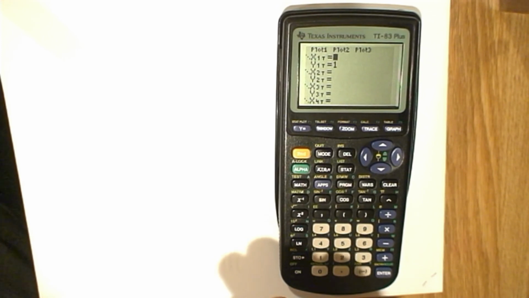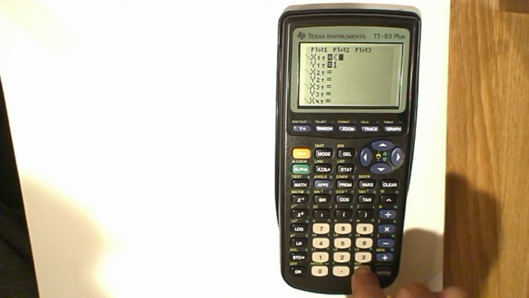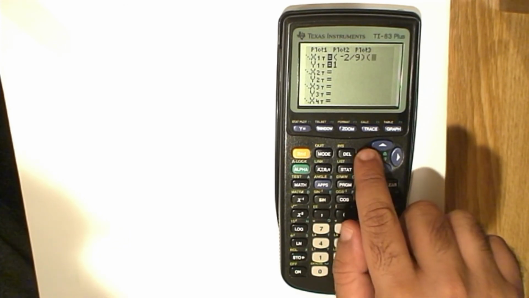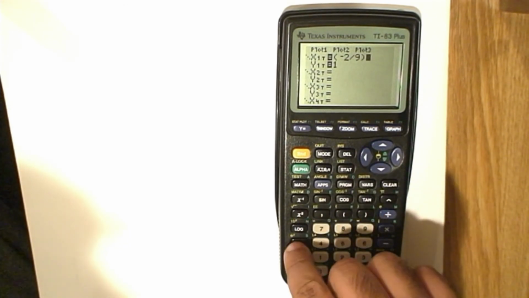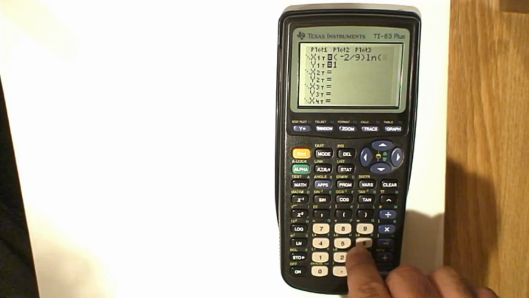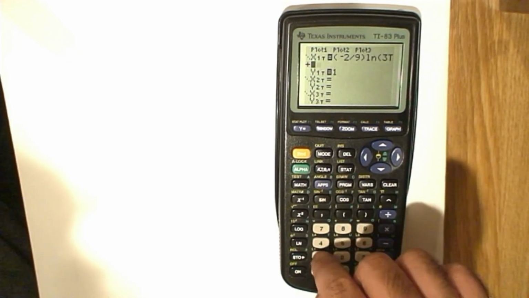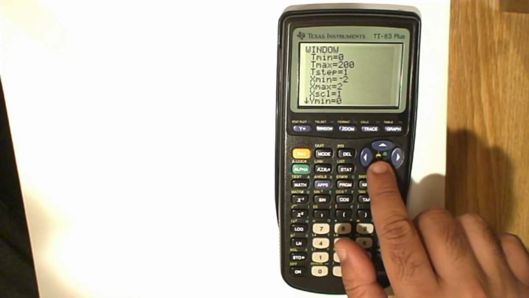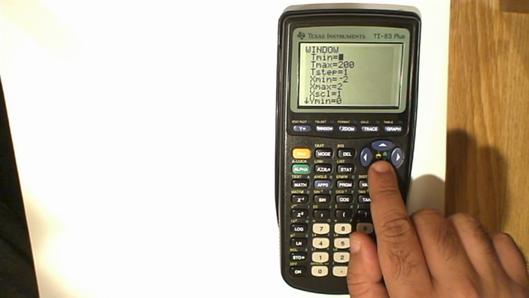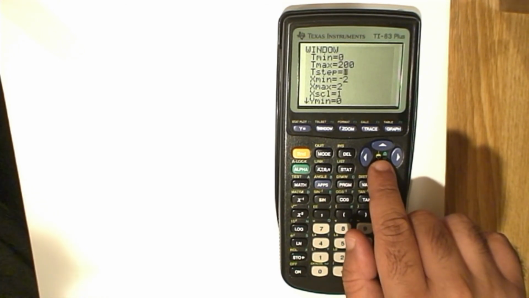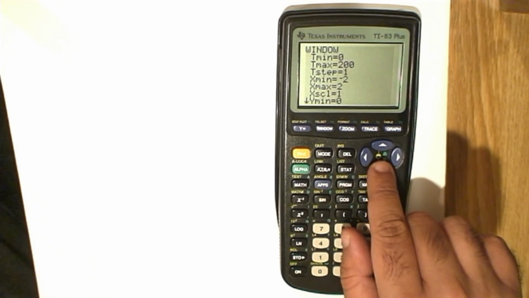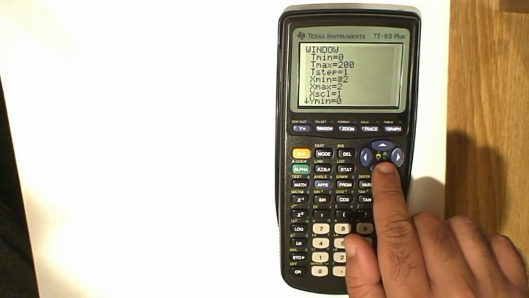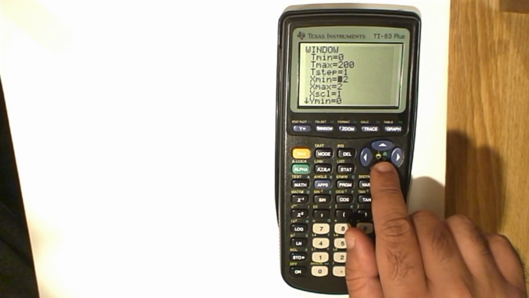And I will write out our function, negative 2 divided by 9 multiplied by the natural logarithm, ln, of 3t plus 1. Now this time I'm going to use a t minimum of 0, a t max of 200, and a t step of 1. So we'll see how this moves over a period of 200 seconds. I'm also going to set x min as -2 and x max as 2.